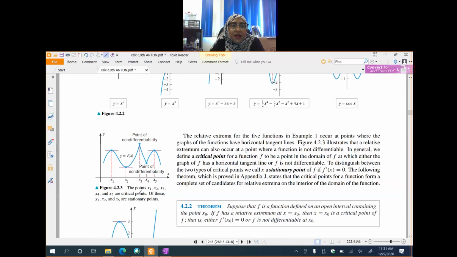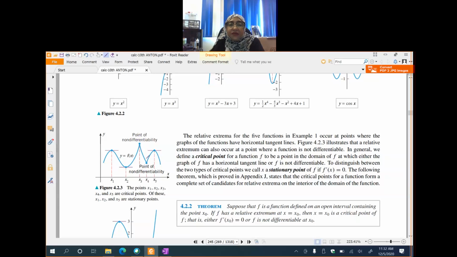It says here the points x1, x2, x3, x4, and x5 are critical points. Of these, x1, x2, and x5 are the stationary points. The other points are where the function f fails to be differentiable.